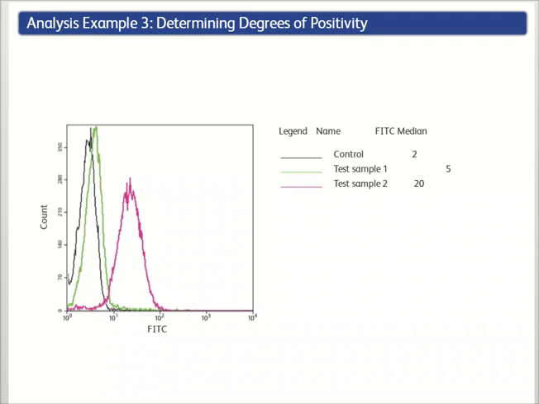The greater the difference between the two, the more molecules are expressed per cell and the more positive or brighter the population. In this example, let's say the medians of the control and test samples are 2, 5, and 20 respectively. If the researcher set the level of positivity at 6, then test sample 1 would be considered negative, and test sample 2 would be considered positive.